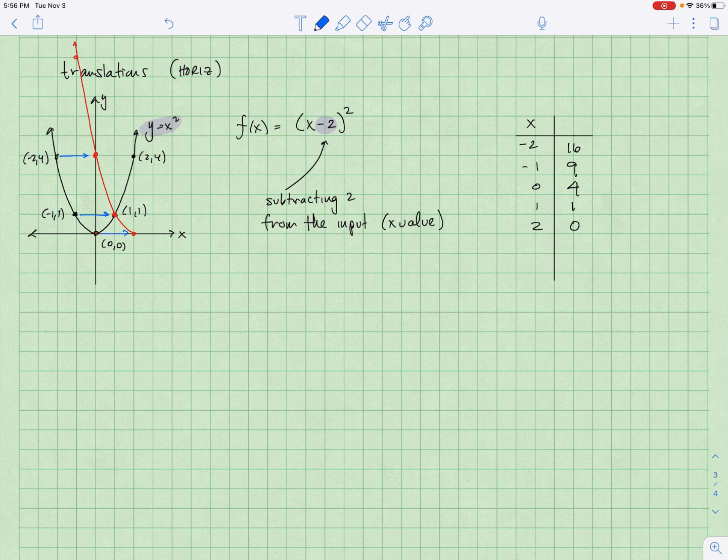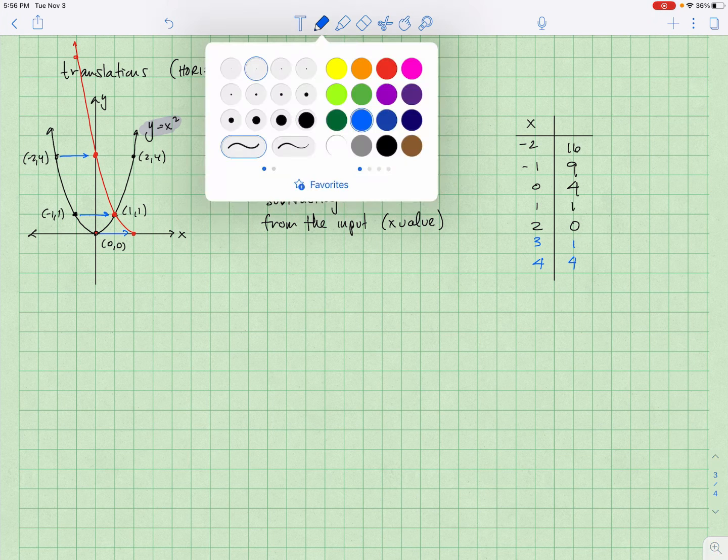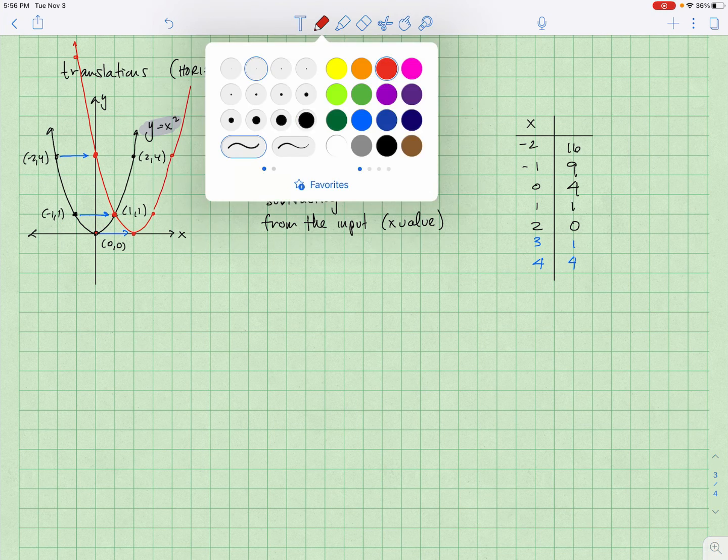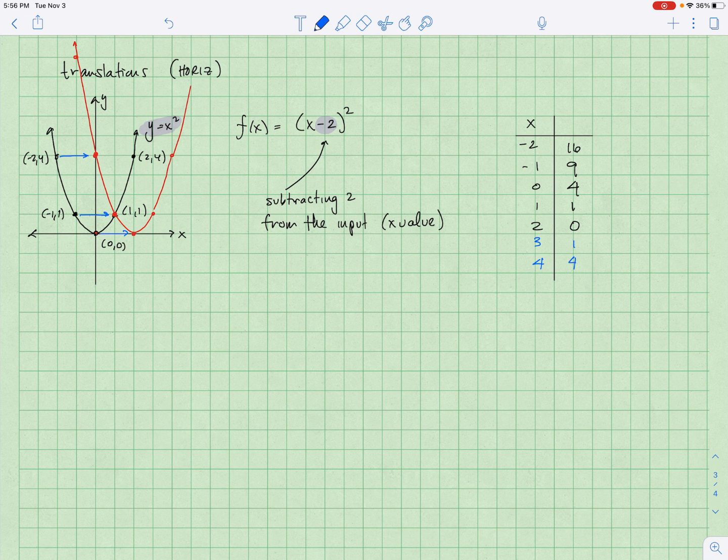And if I were to continue on here, 3 and 4, I would see that this is 1 and this is 4. And so I would have more points here. And my parabola would continue on the right side and continue to grow and go up. I could see that this would be just a continuation. That point is shifted. That point is shifted.